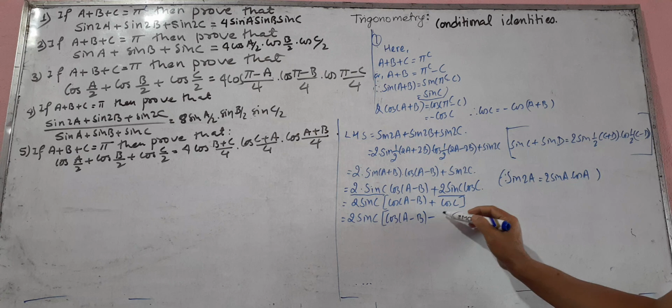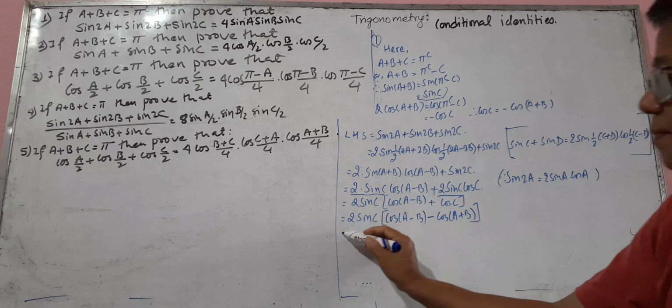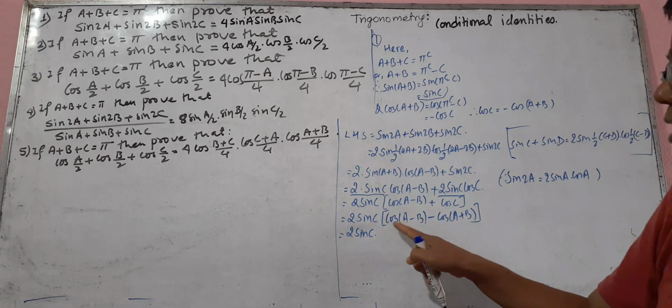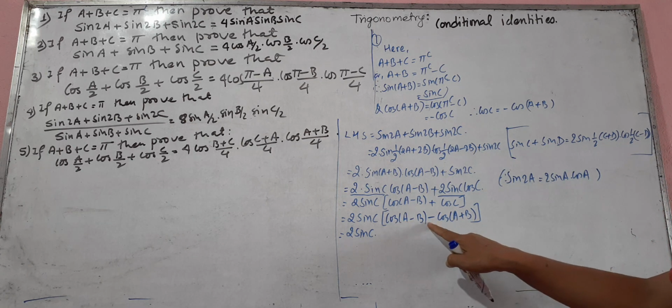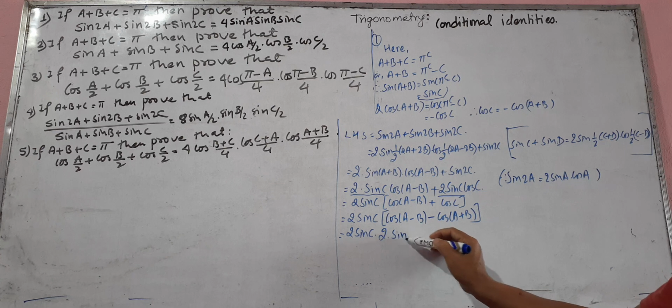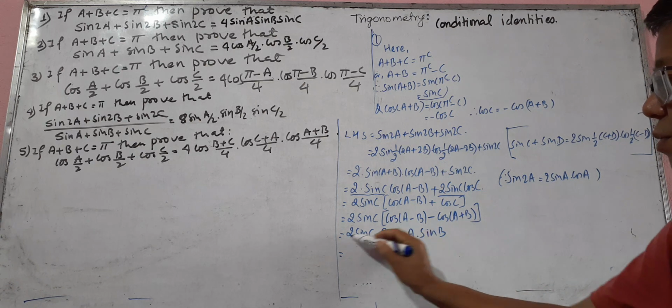So we replace this cos c by minus cos of a plus b. Again, 2 sine c. Now we have cos of a minus b minus cos of a plus b, and this is the transformation formula, 2 sine a sine b, and this equals 2 times 2, which is 4.